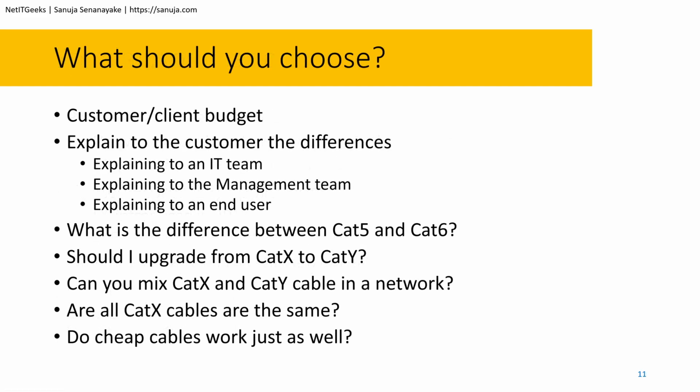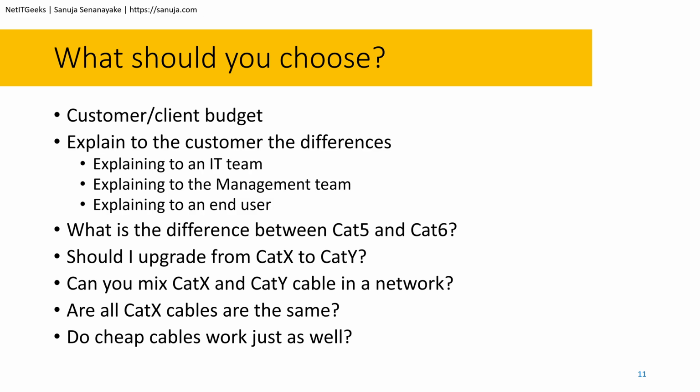So what should you choose, right? Again, you need to discuss the budget with your customers or clients. If the customer or client has an unlimited budget, you can put in Cat8 cable if you want to. Cat8 is not even properly standardized yet. But if you want to go with the best standardization, you can go with, for example, Cat6a, which is pretty well standardized right now.